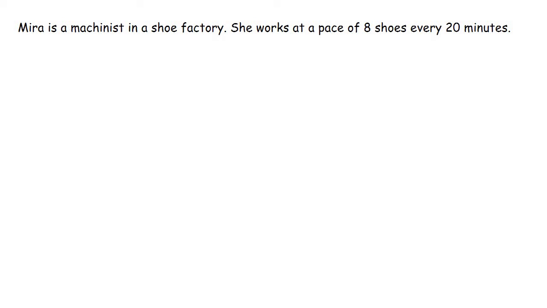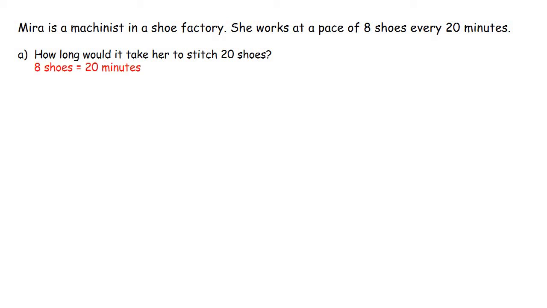Mira is a machinist in a shoe factory, and she works at a pace of 8 shoes every 20 minutes. How long would it take her to stitch 20 shoes? A bit like in the previous recipe questions, we look for a common factor of 8 and 20. If she can sew 8 shoes in 20 minutes, 2 goes into 8 and into 20, so 2 shoes is going to take her 5 minutes, because 8 divided by 4 is 2, 20 minutes divided by 4 is 5 minutes.